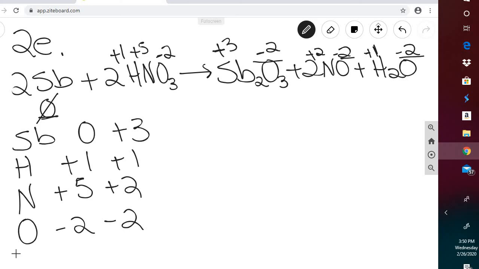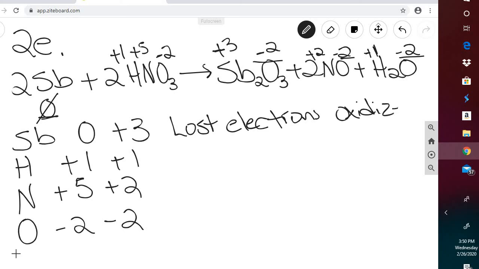Okay, so the Sb, to go from 0 to +3, it lost electrons. So it was oxidized. And then the nitrogen went from +5 to +2, so it gained electrons.